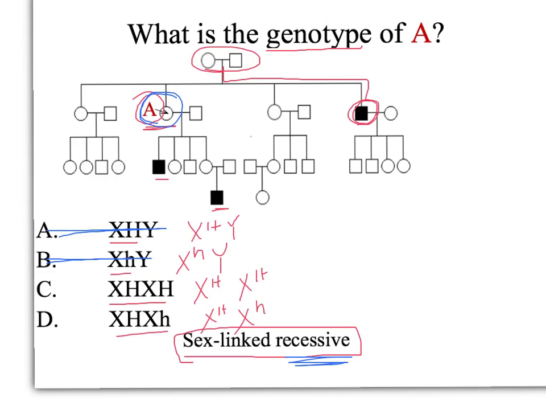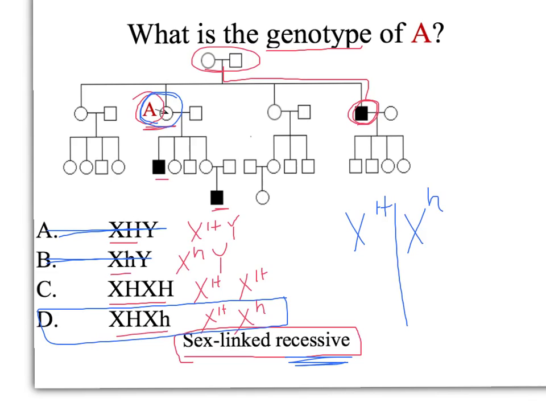So that means that this individual is going to have this phenotype right here. Because if I do a Punnett square, individual A right here is X^H X^h, right? That individual is going to give this X^H to her male offspring, so he's going to have this. The Y is going to come from the dad, and we now have an individual that has an affected trait.